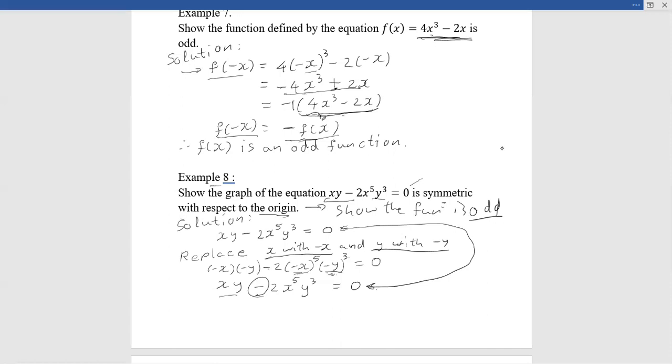Therefore, we can say the given equation is odd.